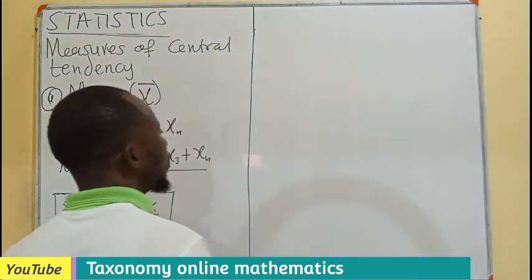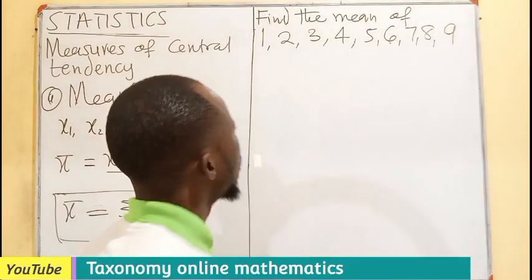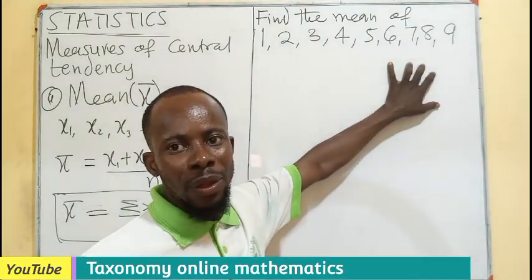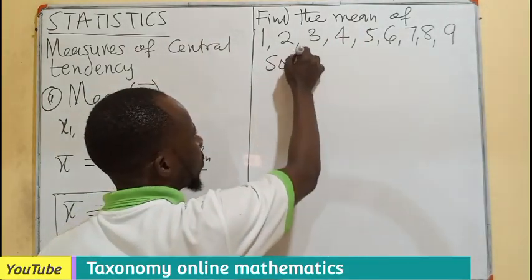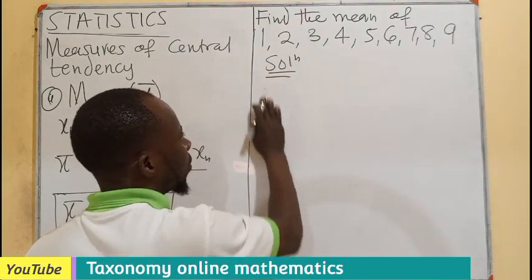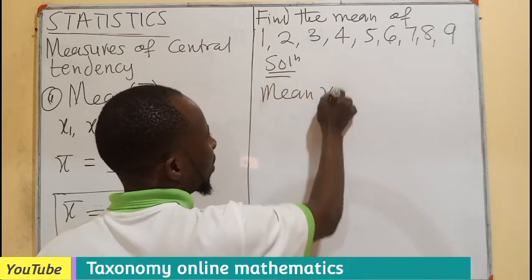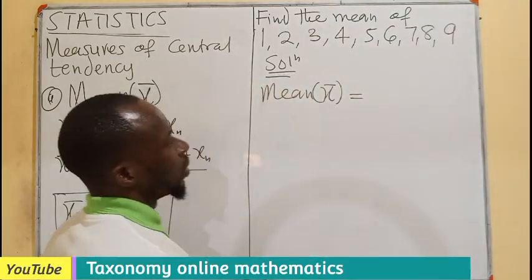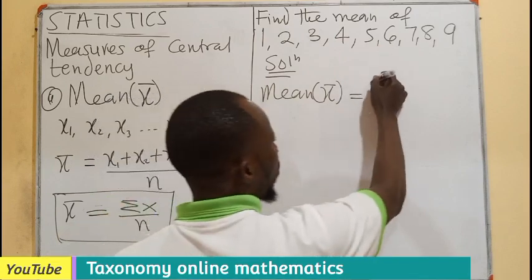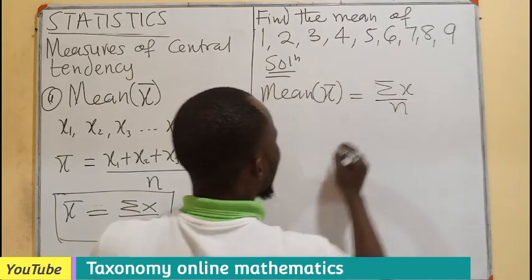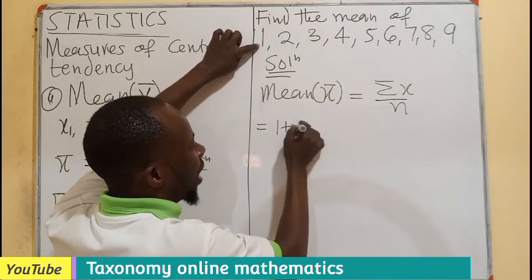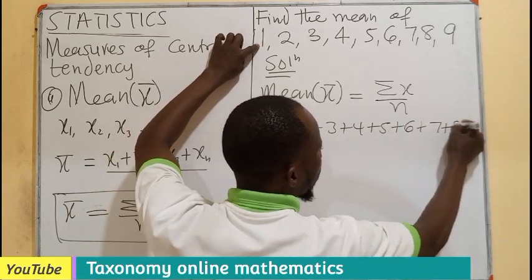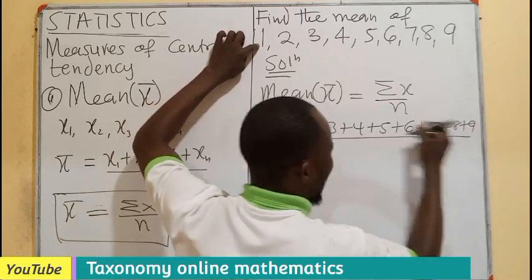So if, for example, we are asked to find the mean of this data, your mean, which is the X bar, is going to be equal to the summation of all of them, which we know as sigma X over N. So I'll be having 1 plus 2 and so on, then I will be dividing by the number of data.